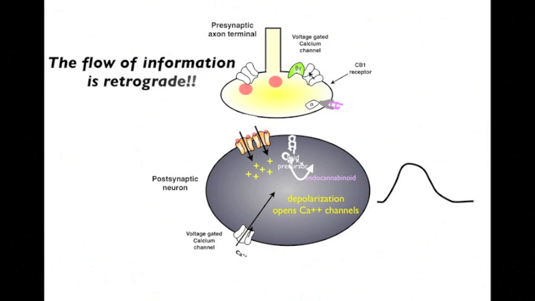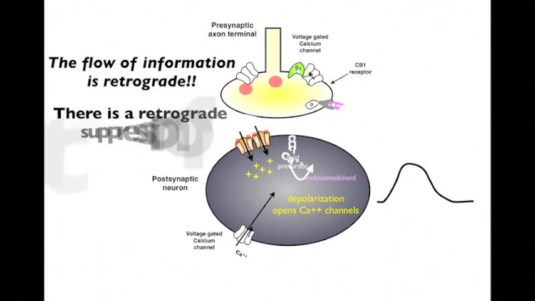The information flow is retrograde. After being synthesized in the postsynaptic cell, the endocannabinoid diffuses out of the postsynaptic cell and onto the receptor in the presynaptic cell, where it exerts its effects.